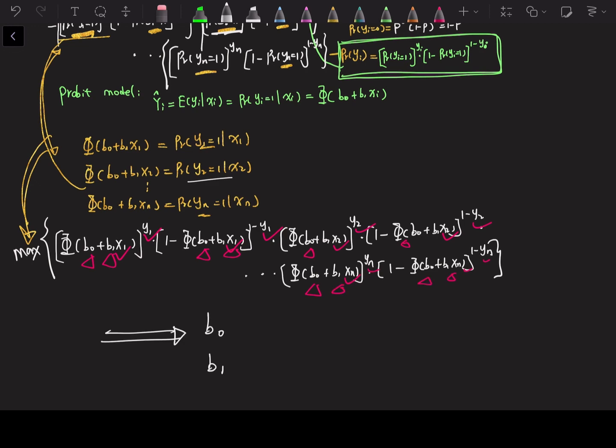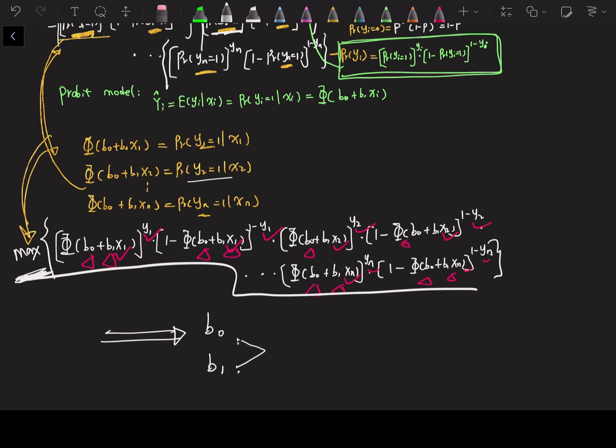That means you can try different values of b0, b1 until you get values that make this whole joint probability maximized. So this b0, b1 maximizes the probability that you get the data you observed. Again, the values of b0, b1 maximize the probability of getting the values of y that you observed.